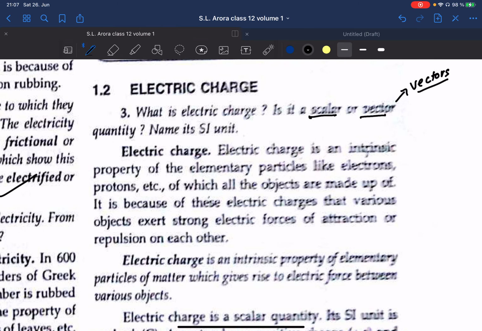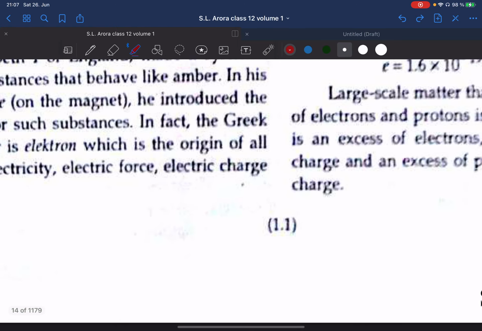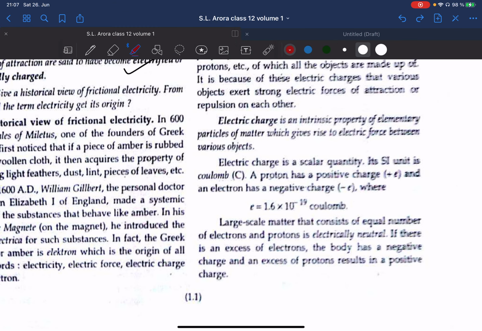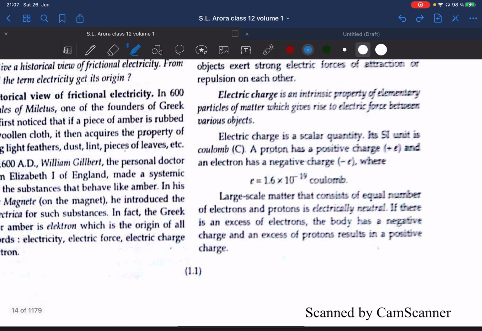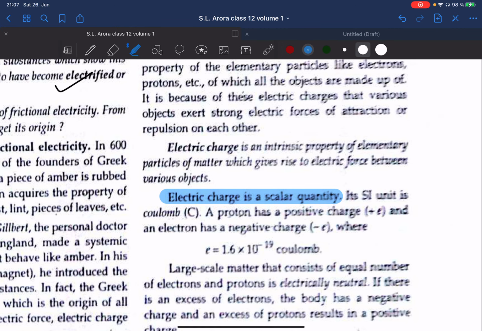Okay, so let's come back to the book. This is some theory that is helpful for your exams. Electric charge is a scalar quantity. Whatever I underline with this stylus will be the most important thing that can come in your MCQs or somewhere else.